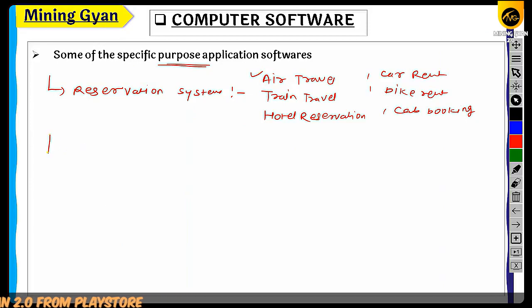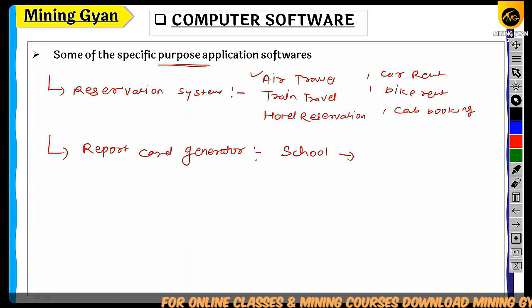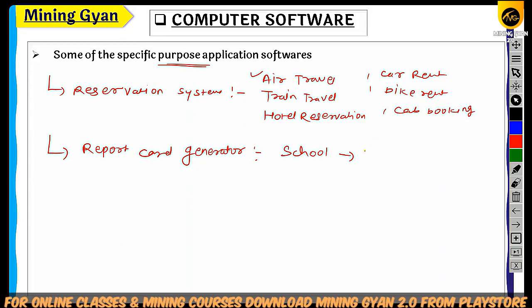Another kind of specific purpose software is the report card generator. Like in school, there are exam results or report cards, which are produced using report card generator application software, a specific purpose application software.